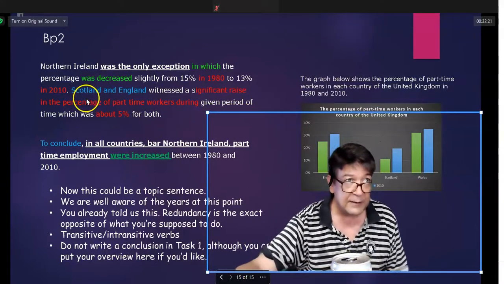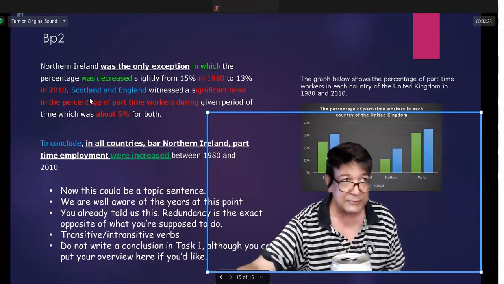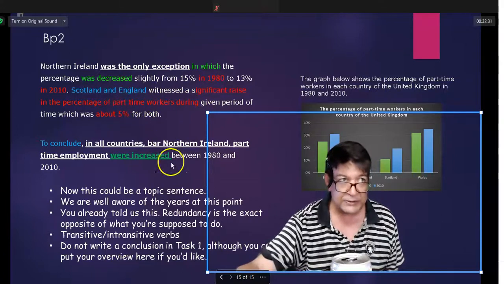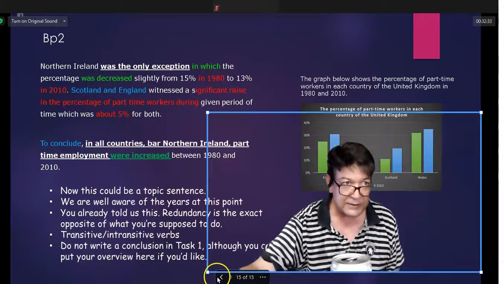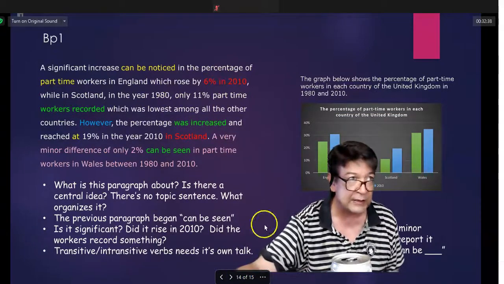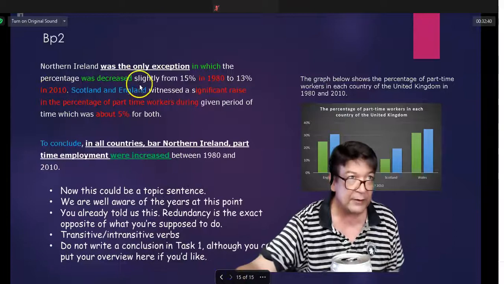Okay. Now the last sentence here was really disappointing because what do you do? You come back and you say the same thing that you said in the previous paragraph, where you told us that England had a rise. England rose by 6%. Oh, here. Scotland and England witnessed a significant raise, once again, in the percentage of part-time workers.